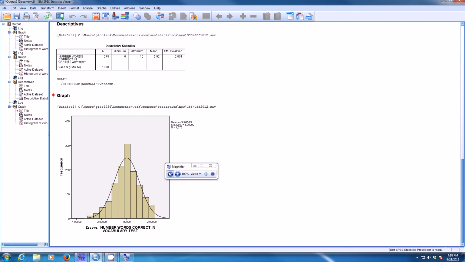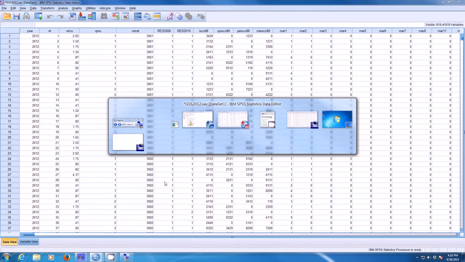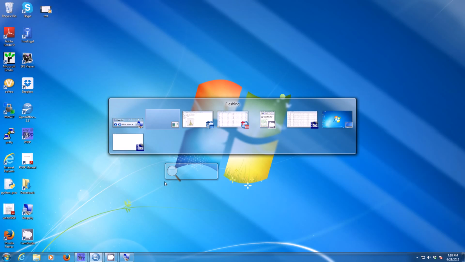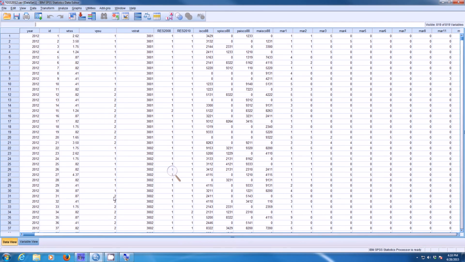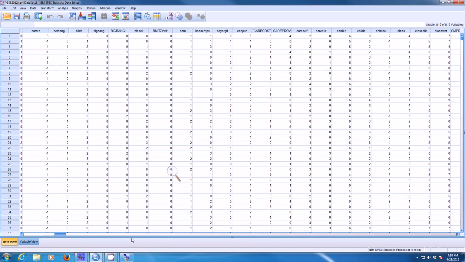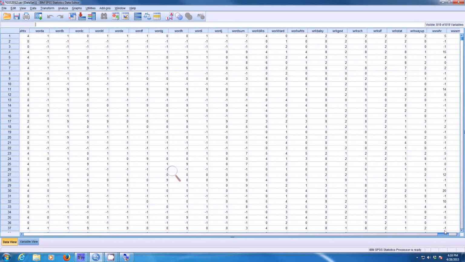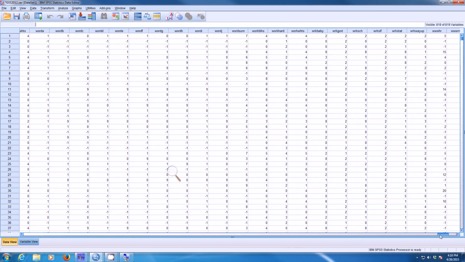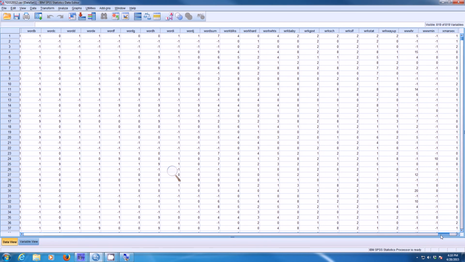And if we wanted to see how the original word sum variable compares to the new z-score version of the variable, we can go back to our original data set in the data view. And what we can do is scroll over, and we can actually move the word sum variable, which is right up here.